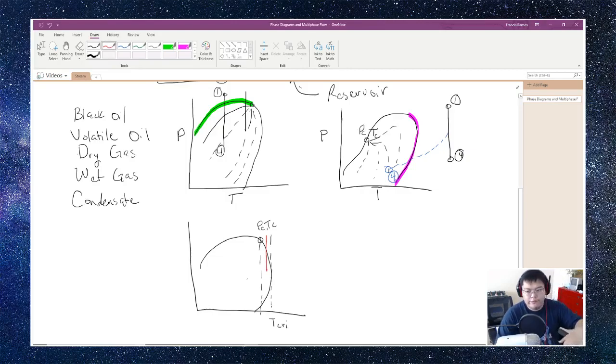And now you have this system where you cross the dew point, but you're crossing the dew point curve twice, and now you have this phenomenon where you're producing condensate.